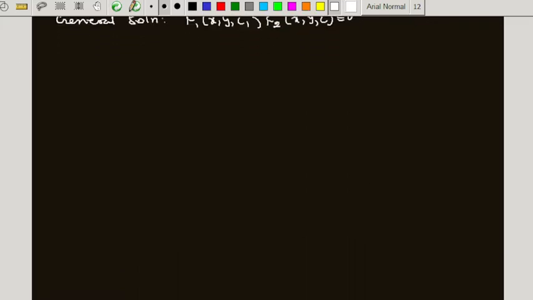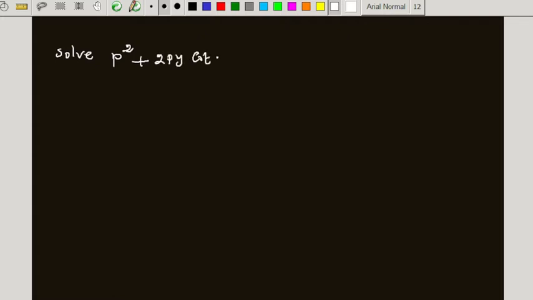So here let us consider: solve p square plus 2py cot x equal to y square.